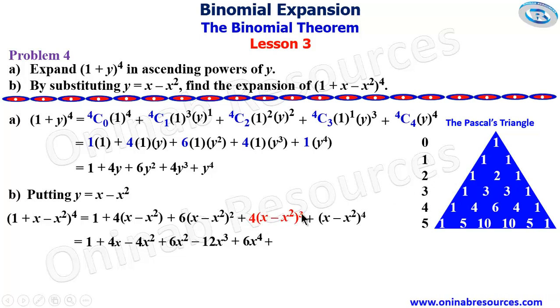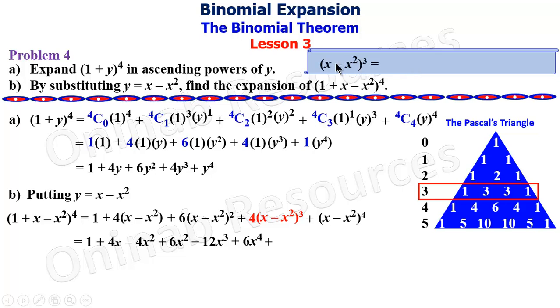So the power here is 3, so this is where we have power 3 and the corresponding coefficients. So we expand this first before the multiplication by 4. So the coefficients are 1, 3, 3, 1. The first term here is x, which carries power 3, so x raised to power 3, x raised to power 2, and x.